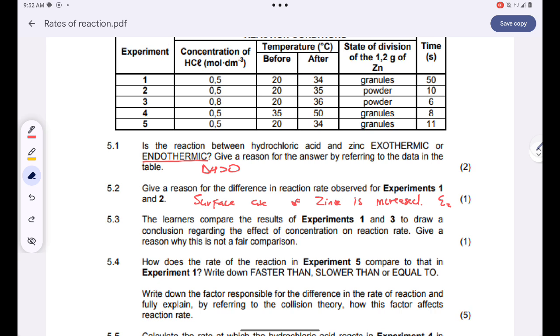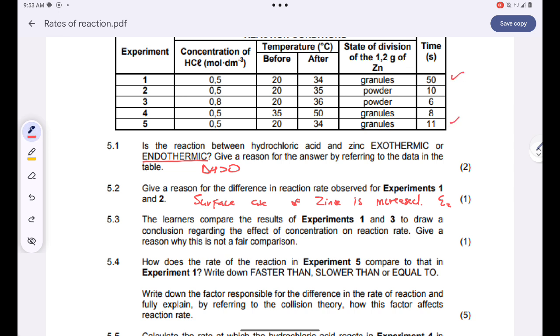5.4, we are being asked how the rate of the reaction in experiment 5 compares to that in experiment 1. Write down faster than, slower than, or equal to. Experiment 1 took too much time to reach completion as compared to experiment 5.